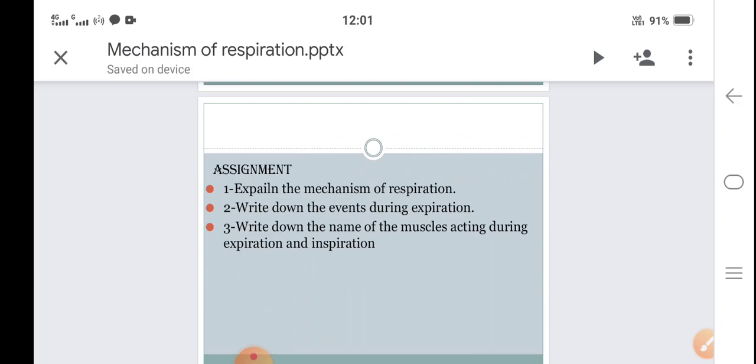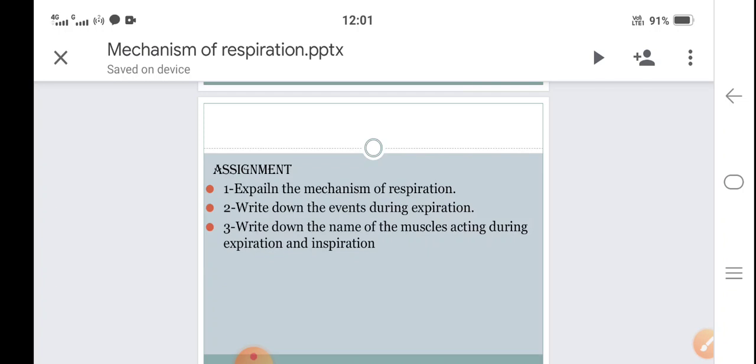At the end, we go for the assignment. Explain the mechanism of respiration, how inspiration and expiration take place, and which muscles are involved during this process of respiration, to be explained in the answer to this question.